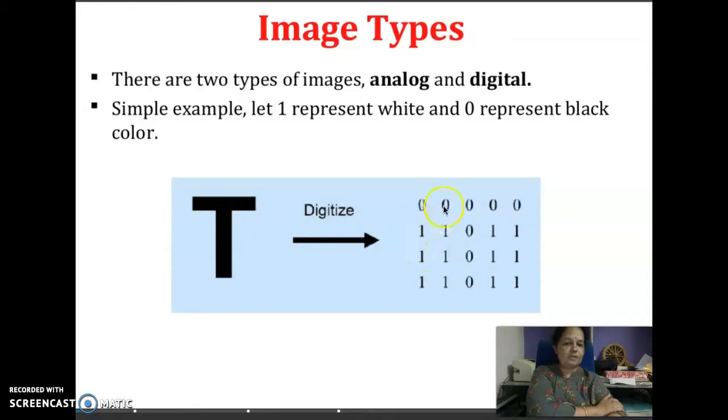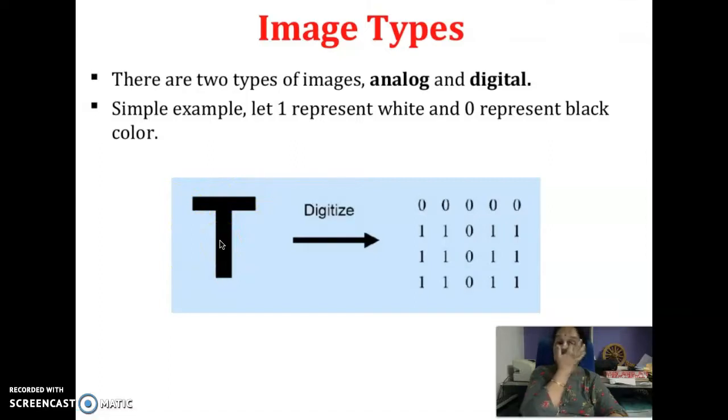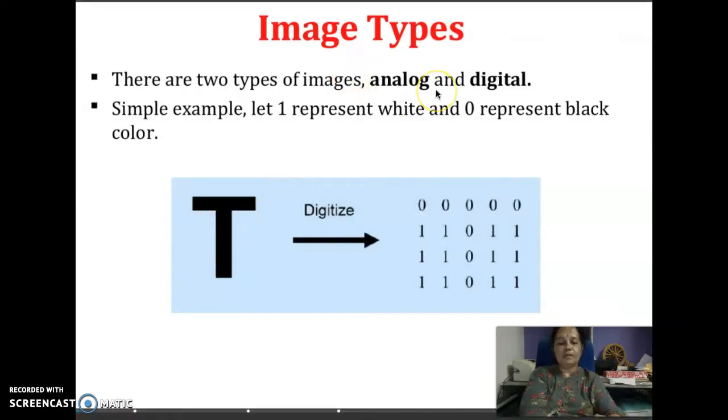They are ones. So this is the digital image representation. This is digital image, and the image for the human visualization is the analog image. We are going to perform the digitization of the image by using the discretization method. So these are the two types of images.